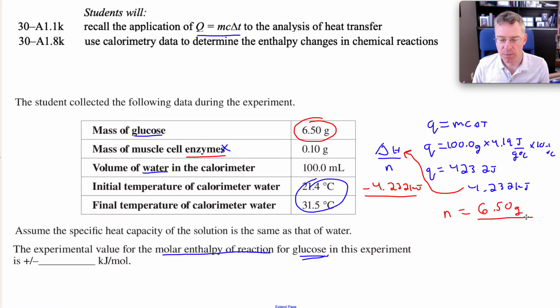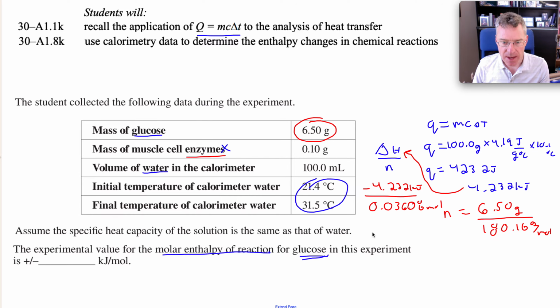I'm doing mass over molar mass. And the molar mass is 180.16, I believe, grams per mole. So this comes out to a little over 36 millimoles. Okay.